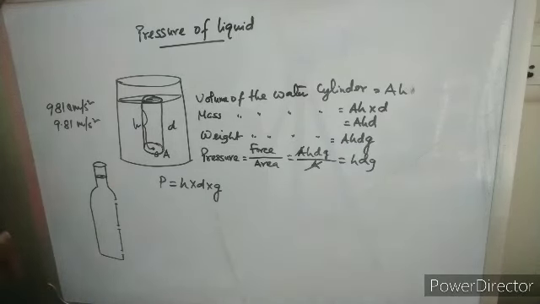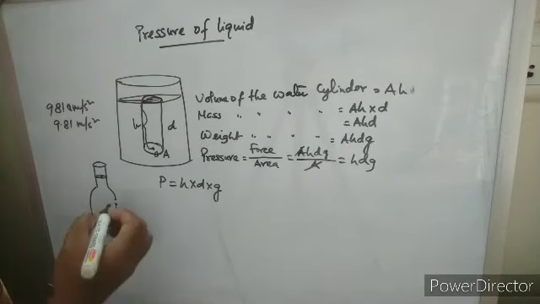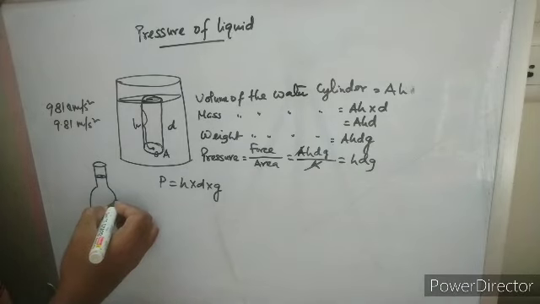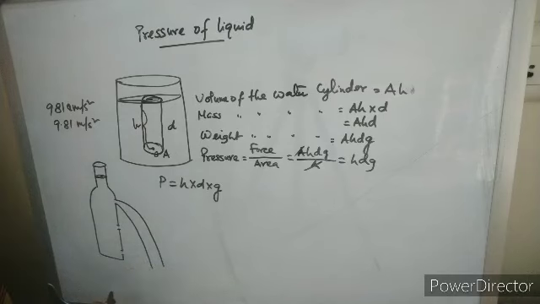Then you give some water into it. That means the bottle should be filled completely with water, and it should be kept on a tabletop or some higher position where the floor is not very close to that bottle. Then you can find that the water is getting out from the upper hole, and it is falling very close to that bottle.